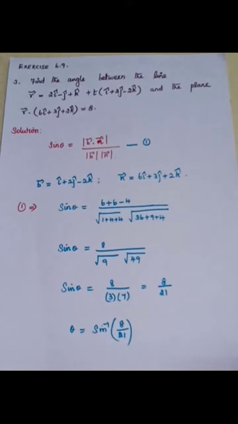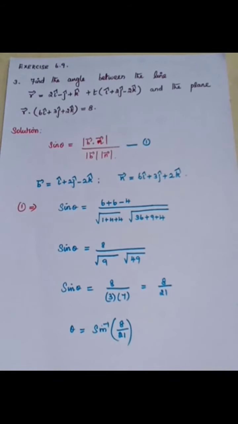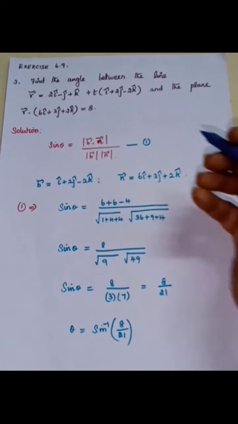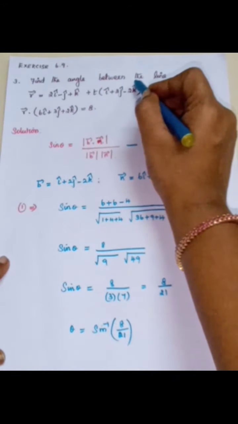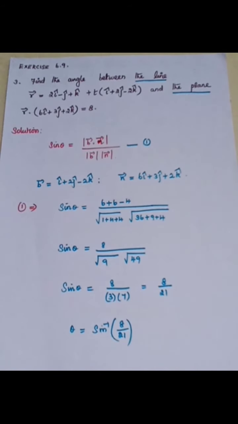Find the angle between the line r vector is equal to 2i vector minus j vector plus k vector plus t into i vector plus 2j vector minus 2k vector and the plane r vector dot 6i cap plus 3j cap plus 2k cap is equal to 8. You see that angle between the line and the plane.